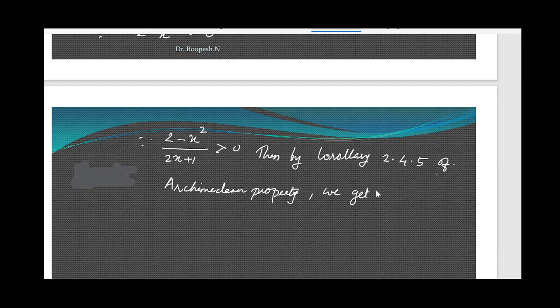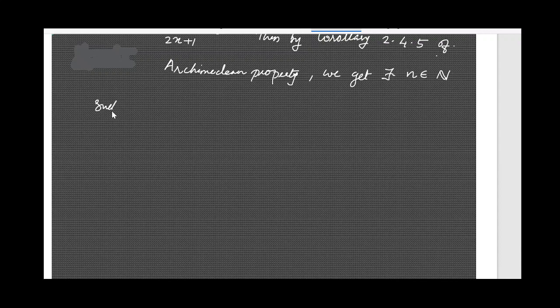Then by the corollary 2.4.5 of the Archimedean property, we get the existence of n belonging to N such that 1/n is less than (2 minus x square) by (2x plus 1).